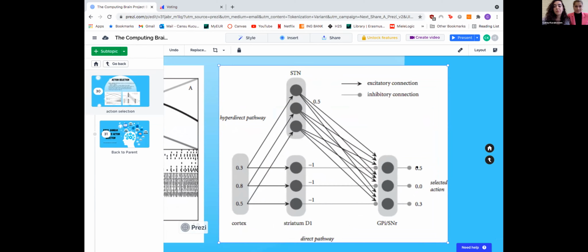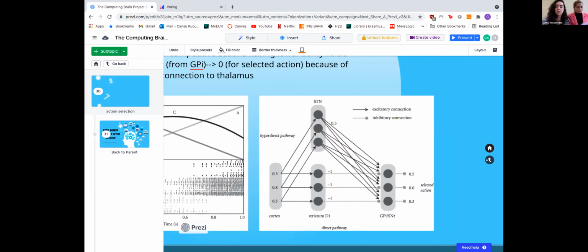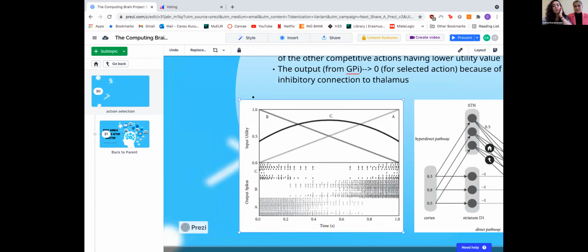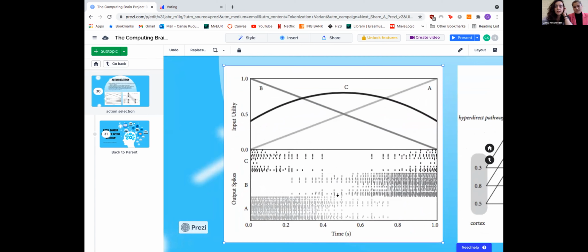So basically, because GPI has an inhibitory function, for us to choose an action, we have to give the lowest value possible to inhibit the thalamus less, so that thalamus knows, oh, okay, I have to select this one. So that is what's happening. And actually, you can also see it from this picture where we have this input and the output spikes, and the higher the utility, the more it's inhibited in here.